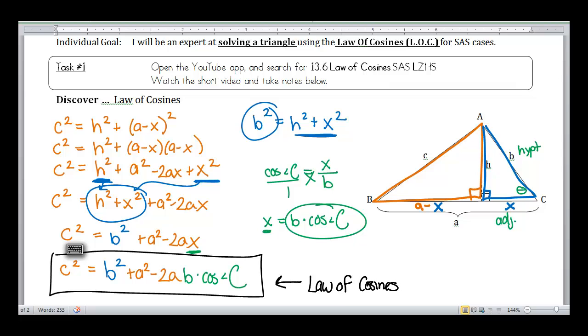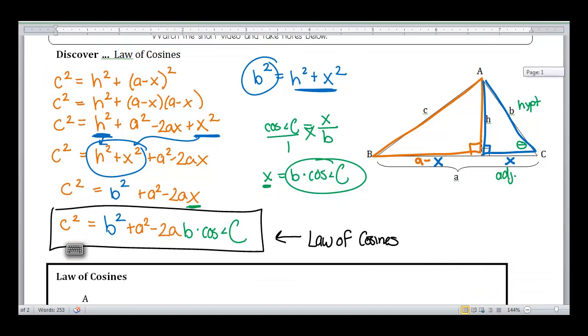There are also, just like law of sines, two other versions, and that's what we're going to look at down below here.